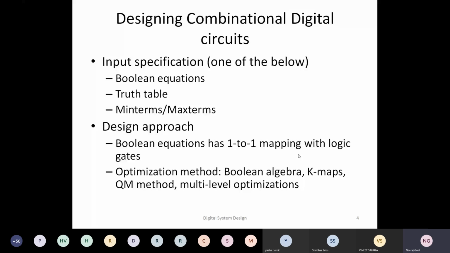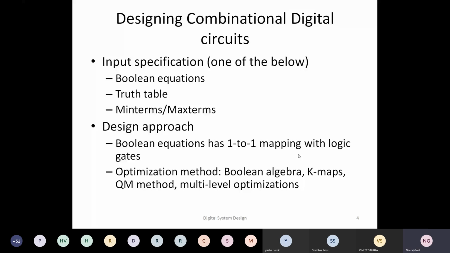Boolean algebra means you will try to use De Morgan's law or merging of expressions, etc. Or you will use K-map to reduce the expression, or Quine-McCluskey, or multi-level logic optimization so that your final circuit is optimized. After that, you give a final equation, and that equation could be implemented using AND gates, NAND gates, NOR gates, and OR gates, etc. Basic gates. These basic gates will have one-to-one correspondence with your initial Boolean equation. So that's how it works out very well.